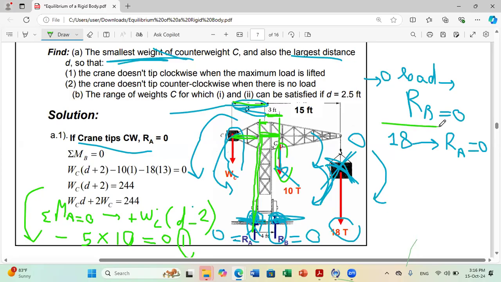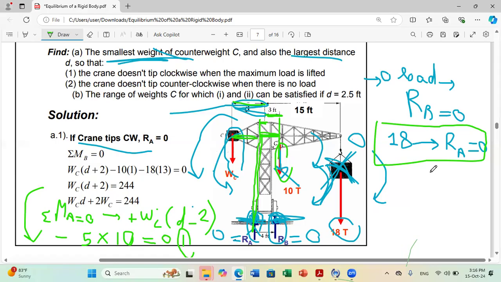What is the second extreme scenario? I have maximum full load. If I have a full load of 18 tons, I risk to tip over B. So I will lose contact with A, so RA will be 0.